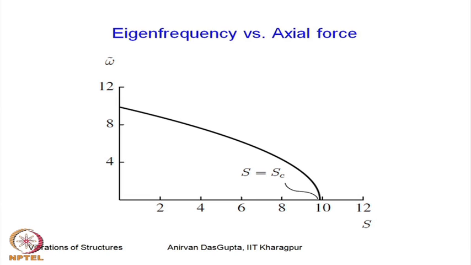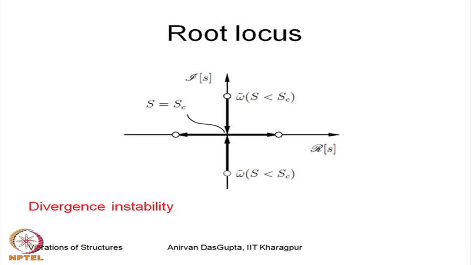Now, let us look at this picture in the root locus diagram. S is the coefficient in the exponential term in the solution. Here I have plotted the real part of S and the imaginary part of S. S is plus or minus I omega.